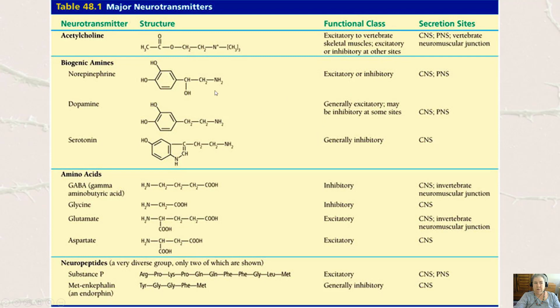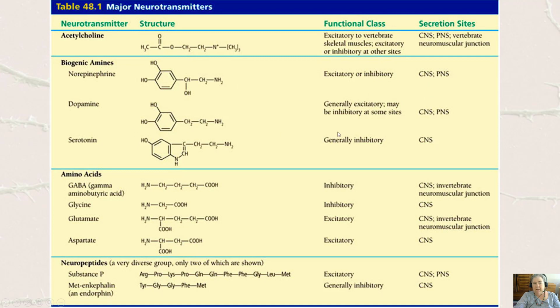There are a group of neurotransmitters we call biogenic amines. One of them is norepinephrine, and you remember I also called norepinephrine and epinephrine and their relatives catecholamines. They are amines. They have an amine group with side chains, hydroxyl groups, and there are several of them. There are 3 illustrated here, including norepinephrine, again, excitatory or inhibitory depending on the site and the receptor.